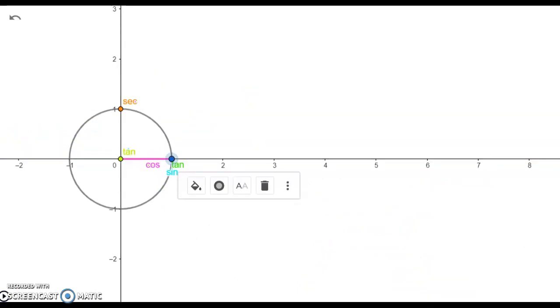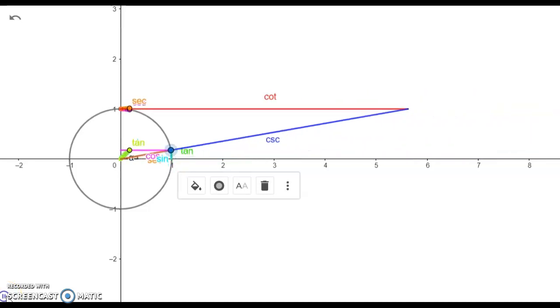So now let's just play this through with all 6 trig functions actually being graphed. This is kind of intense, so we'll see if you can follow any of it.